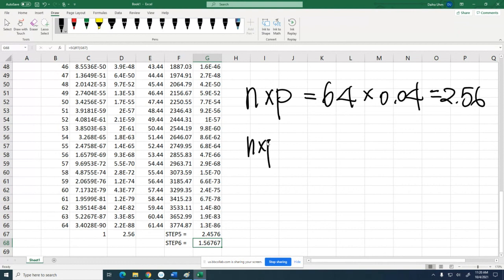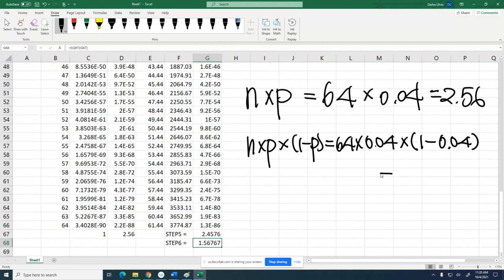Now, how about this? N times p times 1 minus p. I mean, 64 times 0.04, which we already did, additionally times 1 minus 0.04. I mean, it's 2.56 times 0.96.